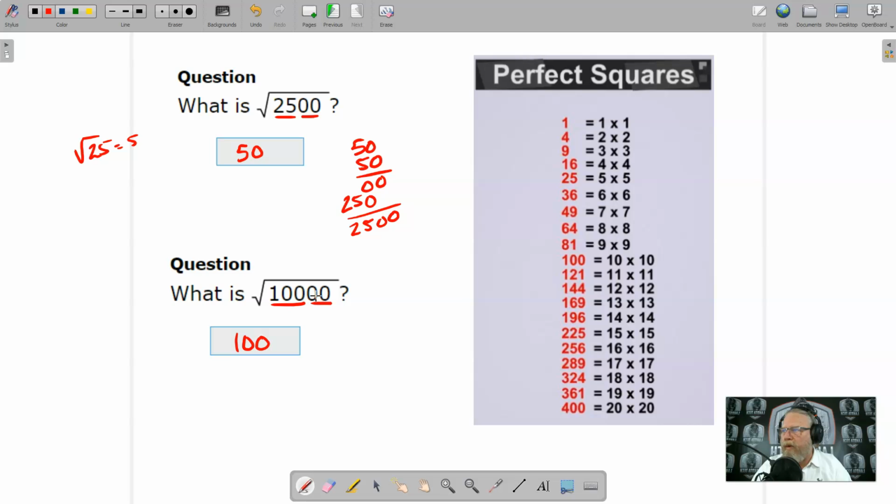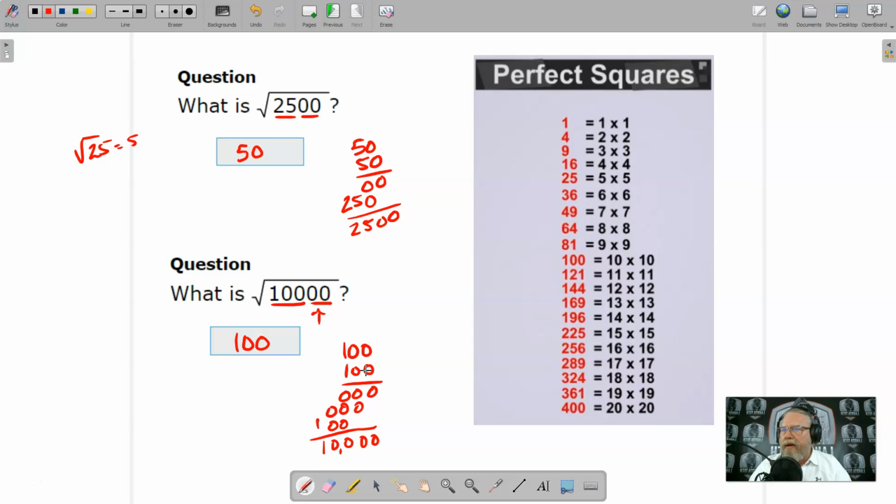I was just using one of the 2 zeros that we have here on these last 2 zeros. Now we could always check that. 100 times 100, and I'm going to have 0, 0, 0, 0, and 1 times 1 is 1. So I end up with 10,000, that same 10,000 that I have up here for my radicand.